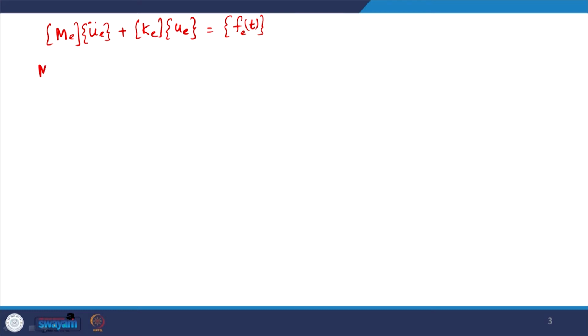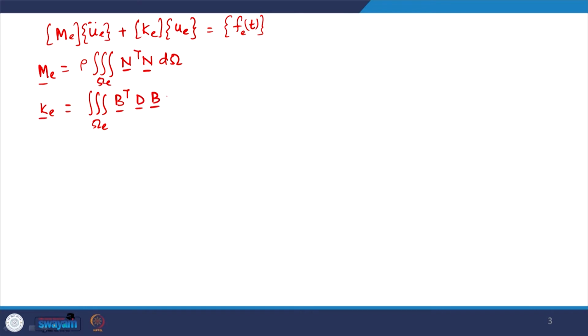So, M^e is equal to rho times the integral of N transpose N d omega, and K^e, the stiffness matrix, is equal to the integral over the element domain of B transpose D B d omega.